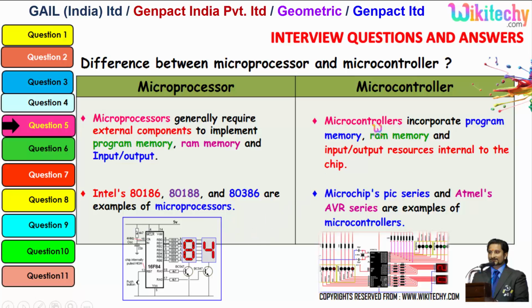Microcontrollers incorporate program memory, RAM memory and input-output resources internal to the chip. The 8051 series and the Atmel AVR series are typical examples of microcontrollers.